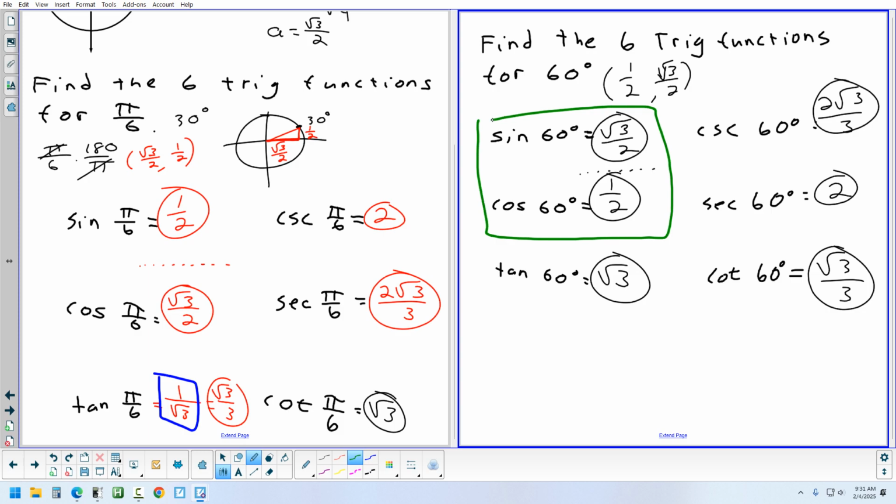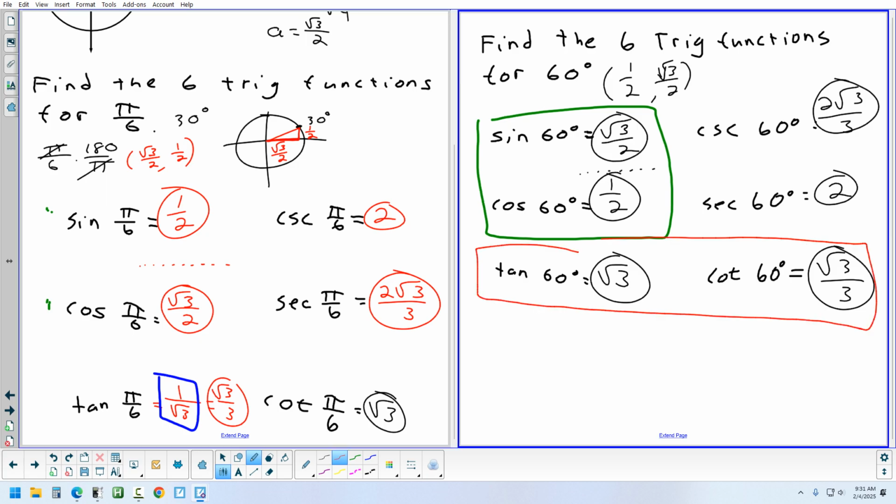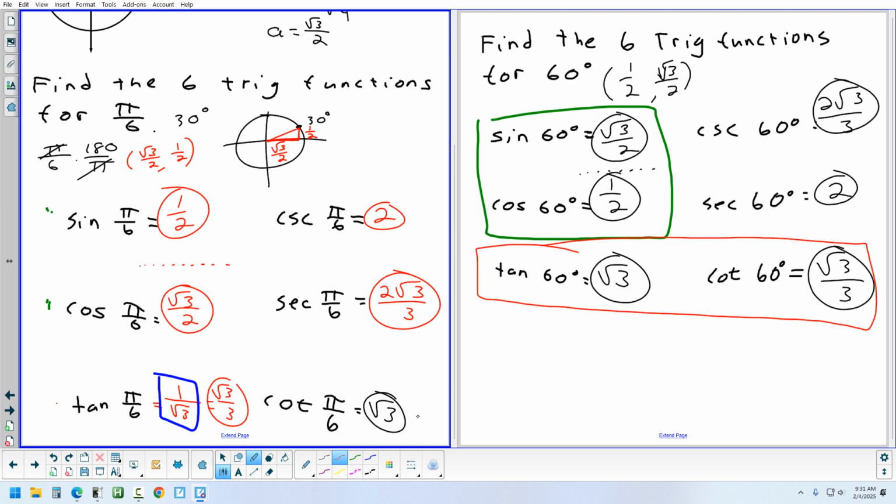Over here, we had a 1/2 and a root 3 over 2. So these two switched. All right, what other two switched? Tangent and cotangent, right, these two switched. We had root 3 and then root 3 over 3. Over here, the root 3 over 3 was on the left and the root 3 is on the right. So those two switched. And then the last two that switched were the cosecant and the secant.